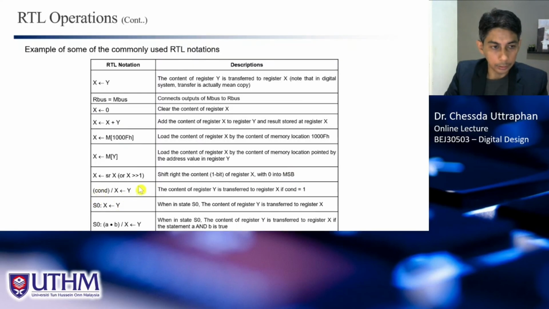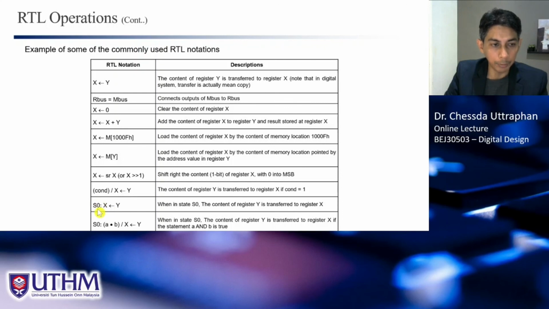The next one is also the transfer. So this condition, before we go to this, you can have any operation. This is only an example. This is RTL notation with condition. Next one is the transfer also, or any other notation, but this one happens in this state.